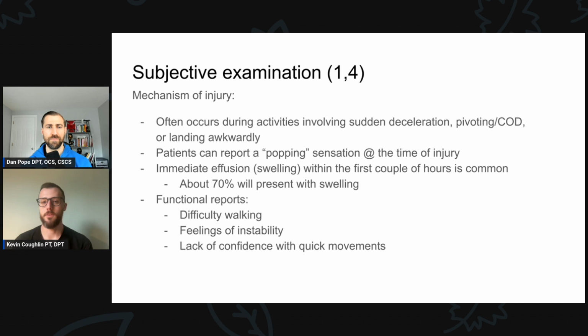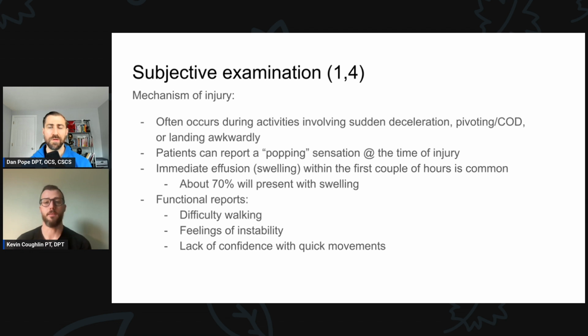A difference, kind of interesting. I didn't know this much until I was going through more of this research, between meniscus and ACL. But a good differentiator, if you're thinking someone has some joint involvement, is that ACL or intra-articular ligament injuries tend to present with pretty immediate swelling in the joint, and that can be within the first couple of hours.